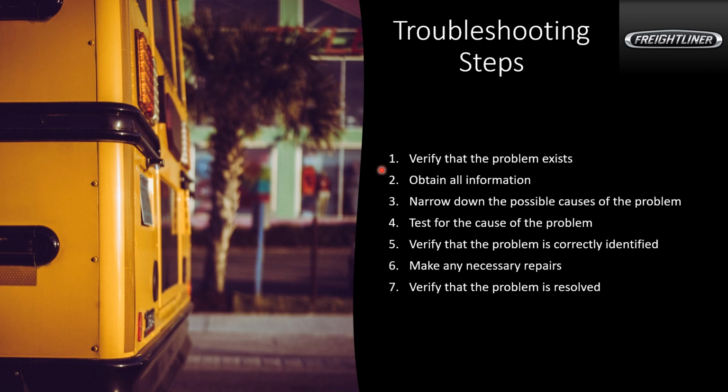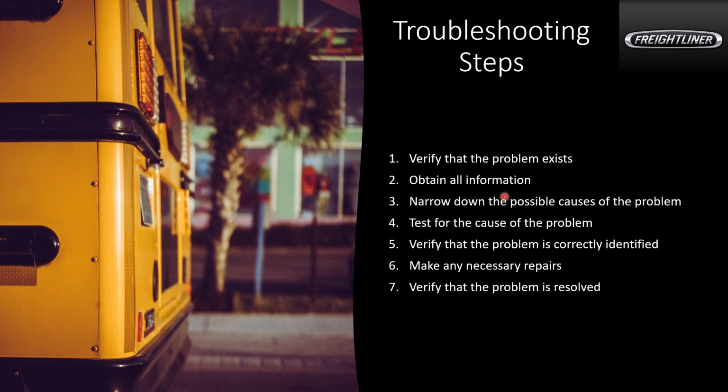So just make sure you get all the information about the system before you start doing anything else. Now that you have all the information, you could start narrowing the causes and testing for the root cause. So steps 3 and step 4, you're just kind of going to go back and forth until you get to the root cause. Once you get to the root cause, then you are verifying that the problem is correctly identified.